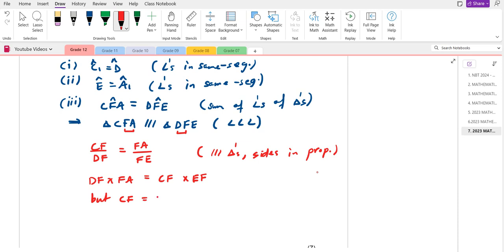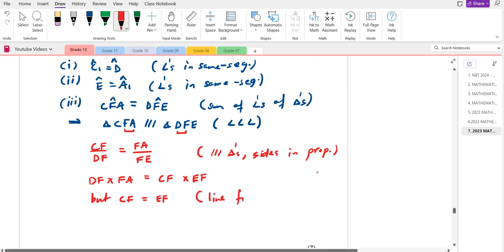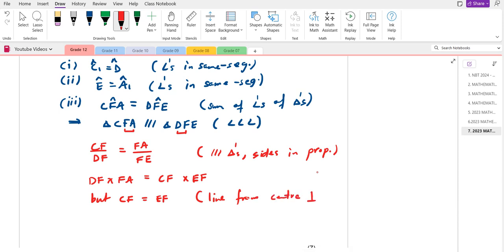That's line from center perpendicular to chord. So we can replace EF with CF. This implies DF times FA equals CF times CF, which is equal to CF squared, which is right hand side.